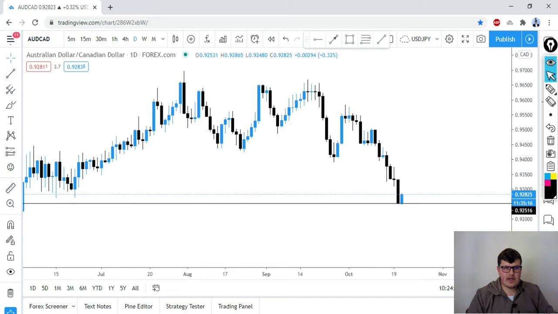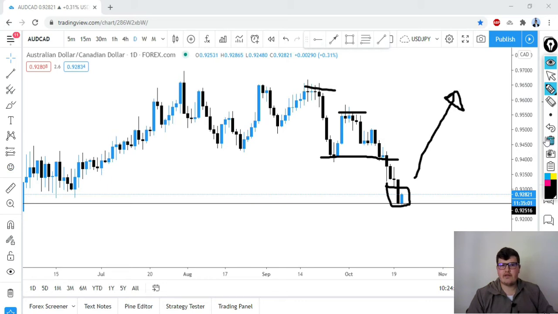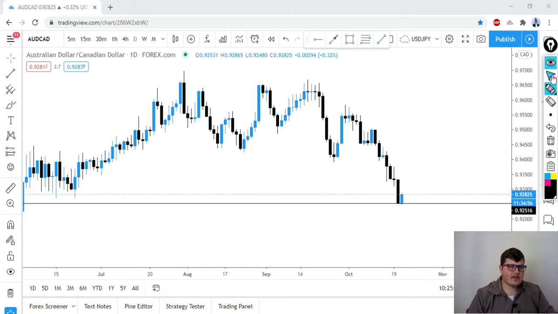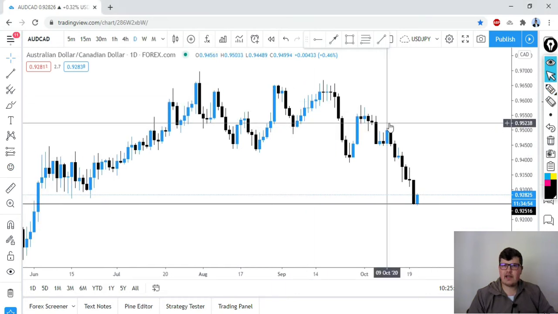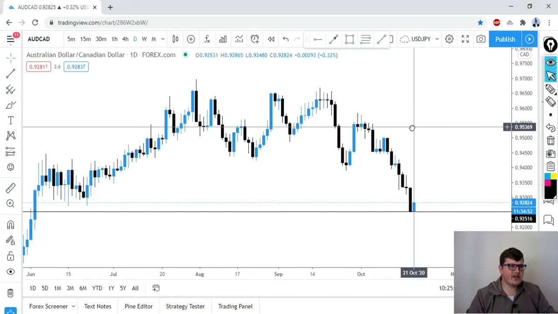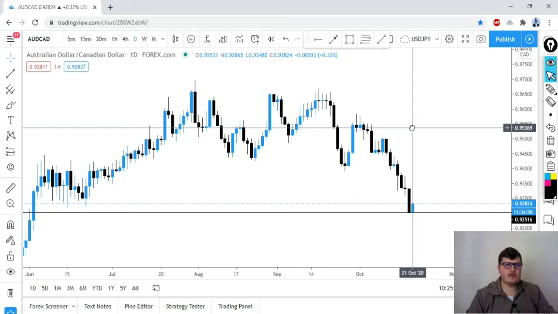So we can now look for buy entries over here, maybe to this initial level over here, and then targeting the other resistance areas as well, and just working our way up higher following our analysis done on the weekly time frame. So both our daily and weekly time frame is suggesting a move higher.